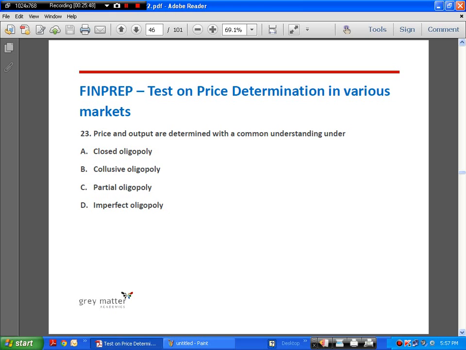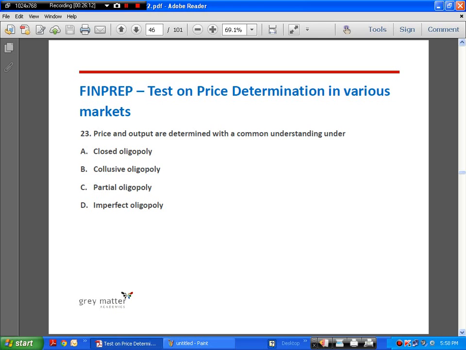23rd question. Price and output are determined with a common understanding under closed oligopoly, collusive oligopoly, partial oligopoly, imperfect oligopoly. So, when firms have an understanding, they consult each other and then determine a price and output.